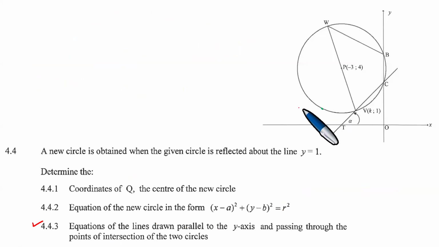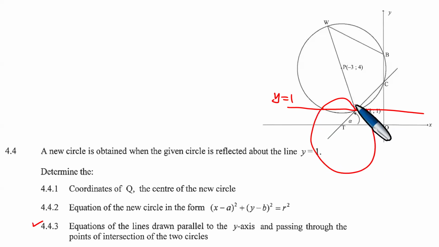So obviously, if you reflect about the line y equals 1, there's going to be this one here. It's going to be a little bit here. And if you put a mirror along the line y equals 1, it's going to show the whole big circle there, like so. What then do we do with this information?